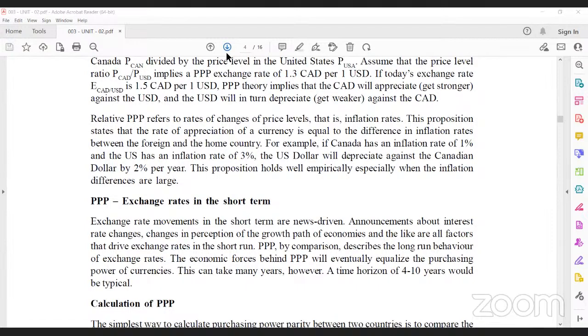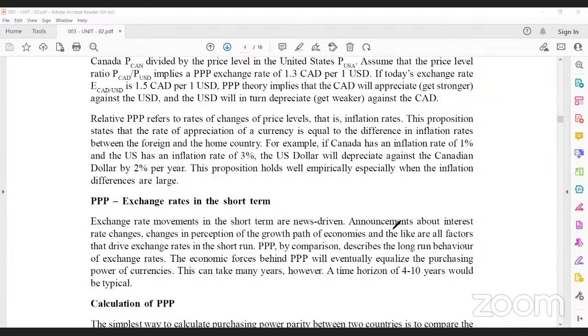Now, PPP and the exchange rate in the short run. Exchange rate movements in the short term are news driven.